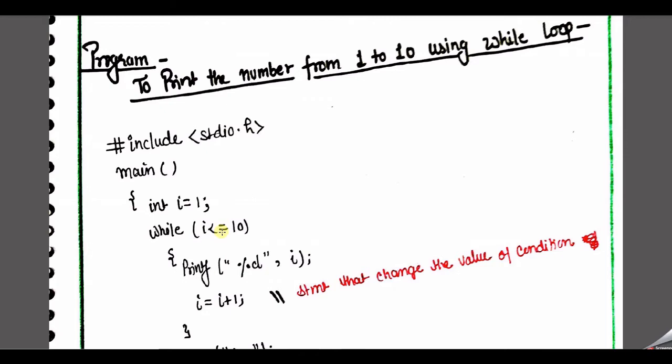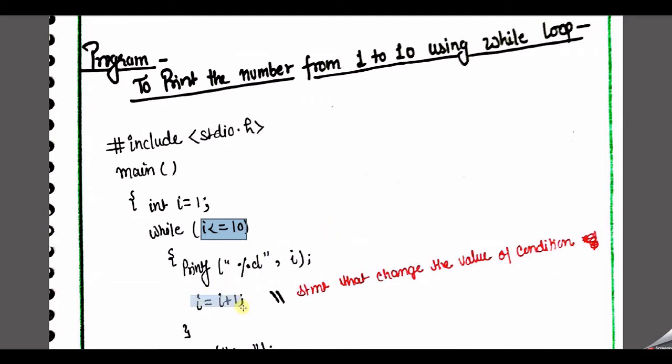Either you can say less than 11 or you can say less than or equal to 10. So I go with less than or equal to 10 because I need to print the value of i from 1 till 10 only. So the condition is that as long as i is less than or equal to 10, we need to print this statement.